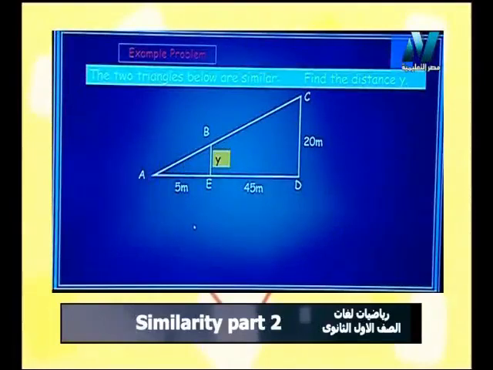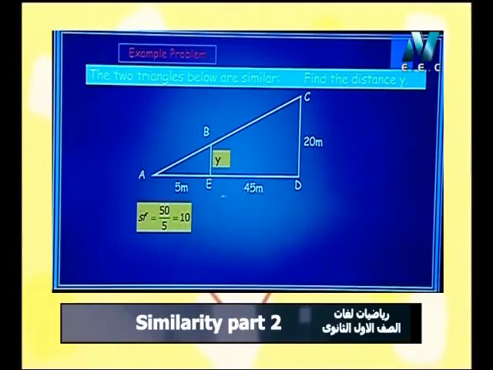We have here an example problem. The two triangles below are similar. Find distance y. We have the triangle AEB, and the other triangle, which is big, is ADC, and we have AE equal 5 meters, ED equal 45 meters, and CD equal 20 meters, and we would like to find the length of y.